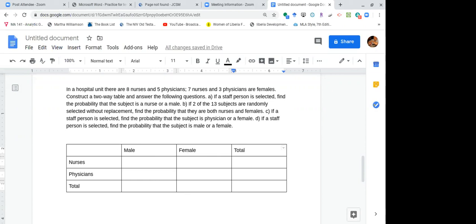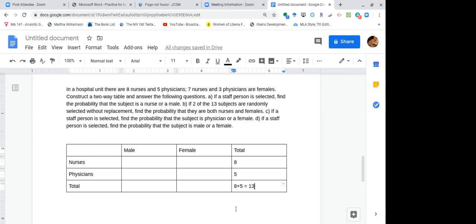So in a hospital unit, there are 8 nurses and 5 physicians. So they're giving you the total. So 8 nurses goes in the total. If you happen to put physicians on top, that's okay. 8 nurses, 5 physicians. Since you have both of these numbers here, you can add up the totals. 8 plus 5 is equal to 13.